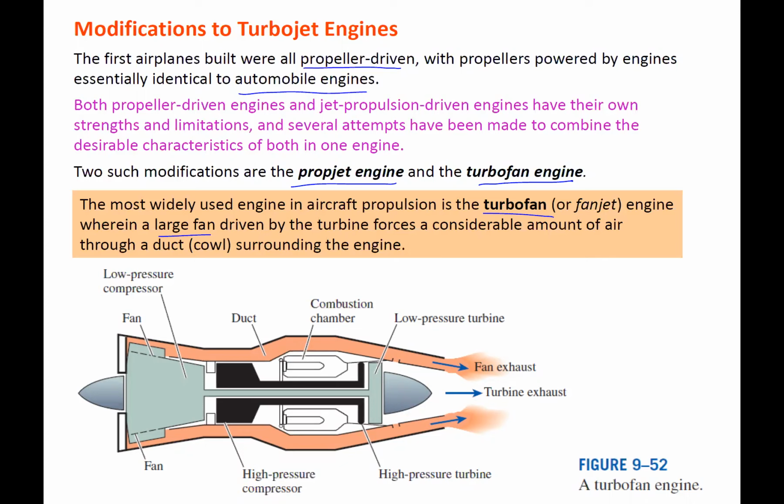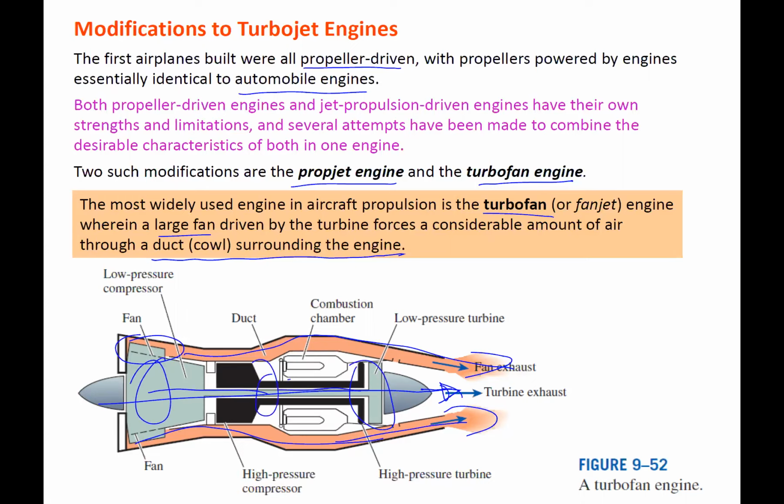So a lot of the air goes around the surrounding of the engine. So we have this fan that accelerates a lot of air around here. We also have the amount that's coming through here too. So they have this kind of combination there. So the turbine drives the compressor and this fan.